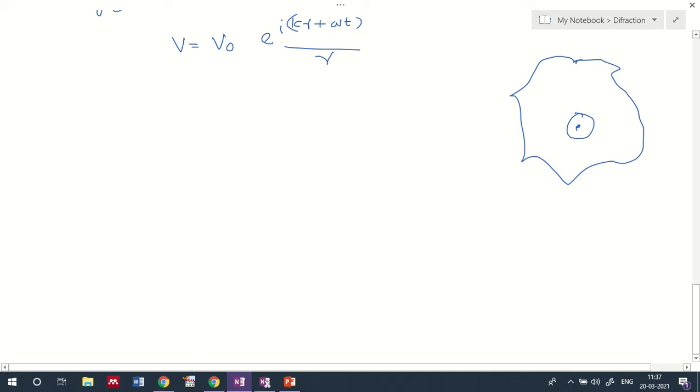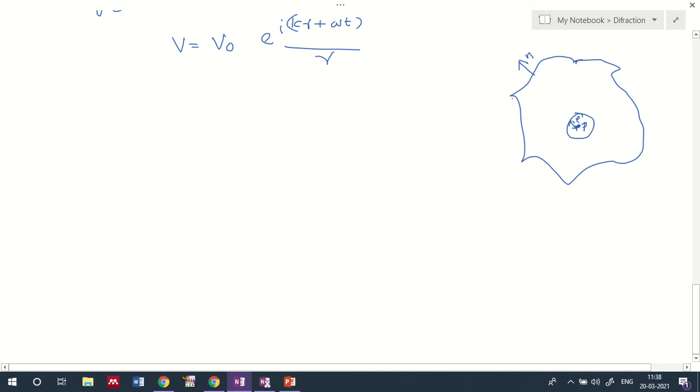Here I represent the point as P, and this distance I can represent as rho. So the radius we represent as rho here, and the gradient perpendicular to that is n over here.